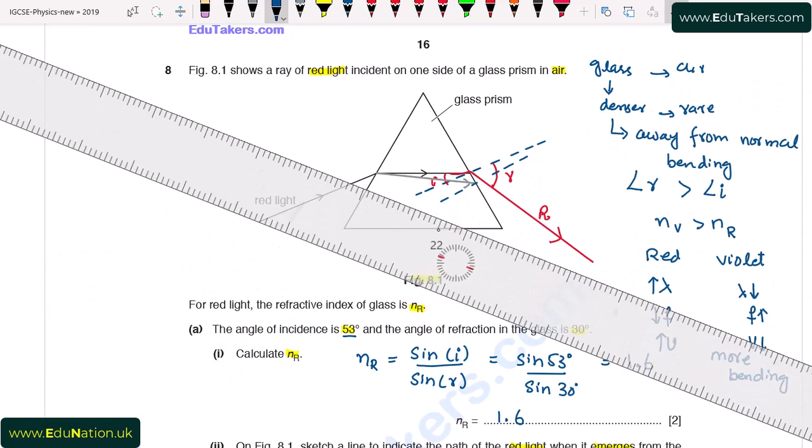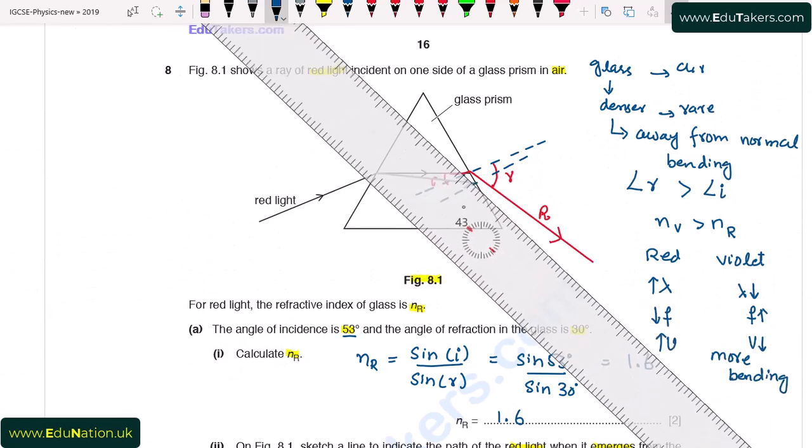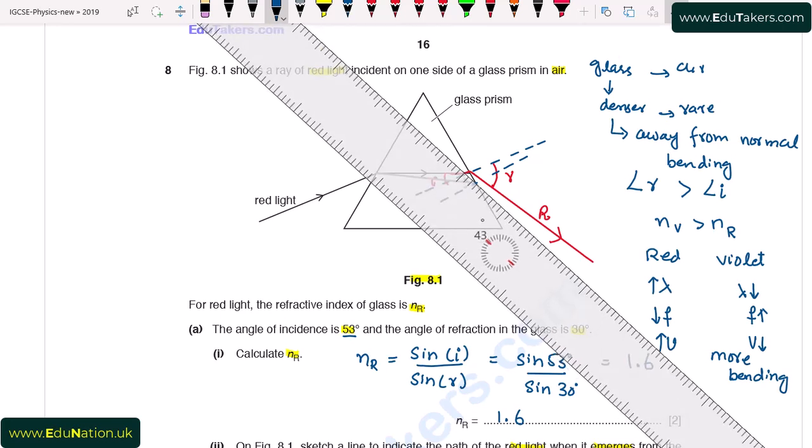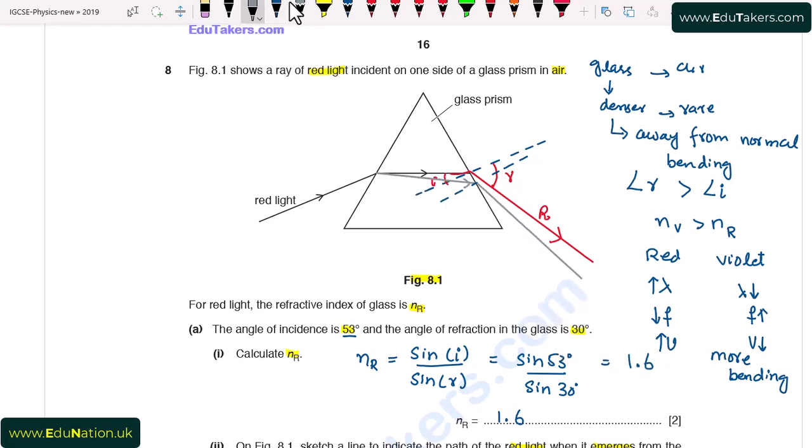The bending will be larger as compared to red light. That's why its path will be just like this. So in this way it comes out of the prism. Now I am going to erase these normal lines.